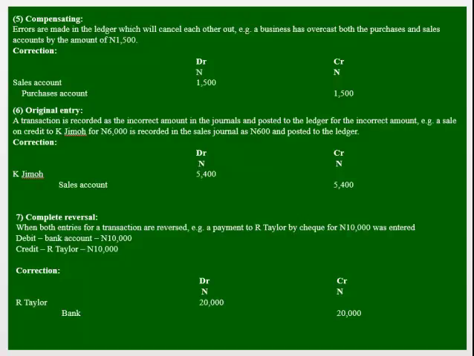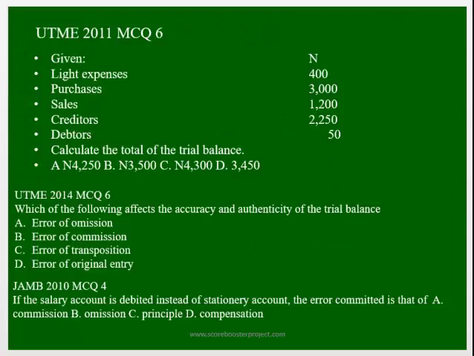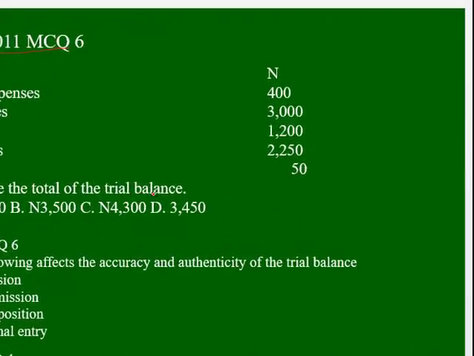Now let's look at what we have here. These are some of the questions we have from your WAEC, your UTME exam 2011. The examiner gives us this question, and we are asked to calculate the total of the trial balance.